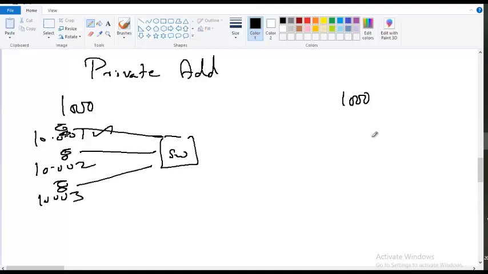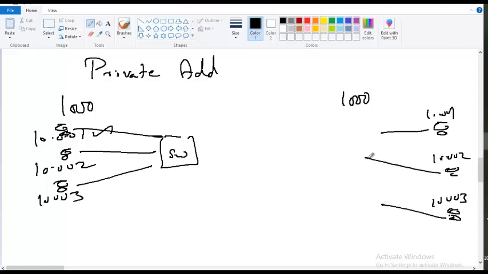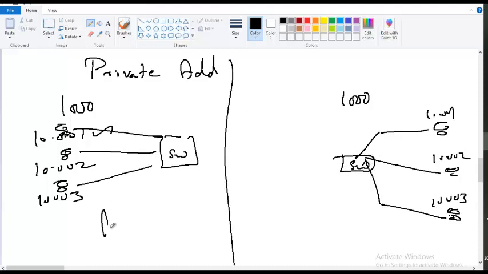Likewise, you may also have the same 10.0.0.1, 10.0.0.2, 10.0.0.3, all connected to one single switch. This is my organization. This is your organization. We have the same IP addresses and it won't conflict.